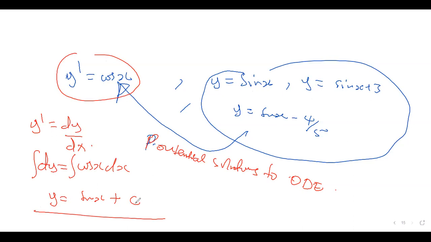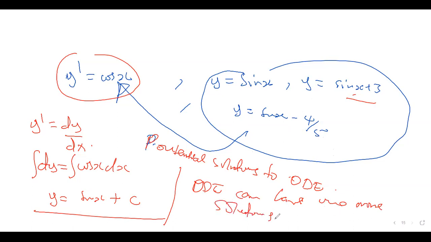When the constant c is positive 3, we have this. If the constant is negative 4 over 5, then we have this as the solution. So you should convince yourself that an ordinary differential equation can have one or more solutions, infinitely many solutions, and this is common.